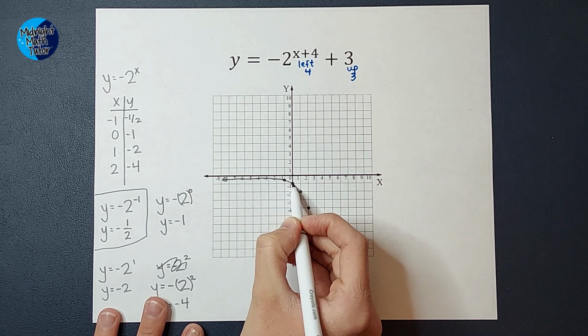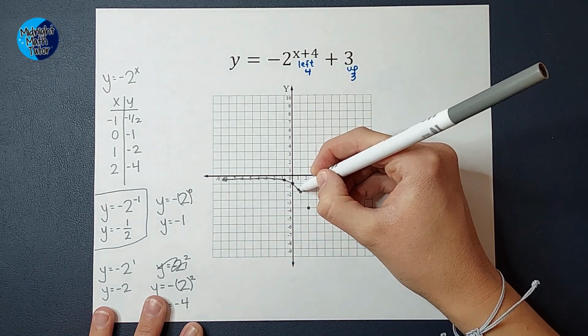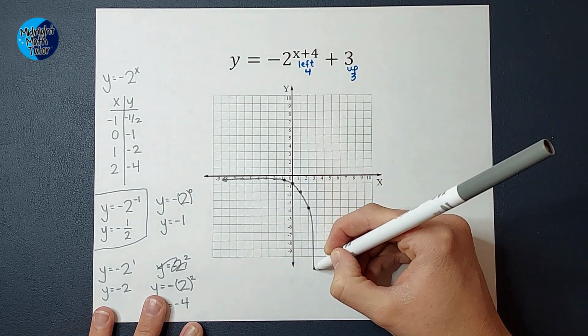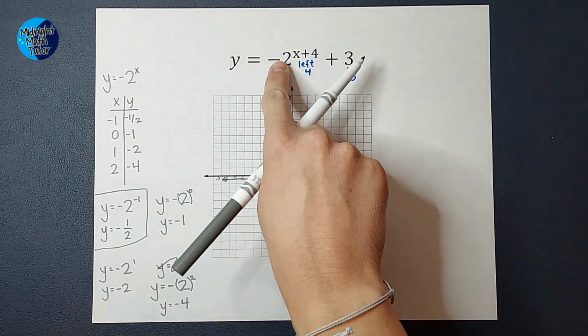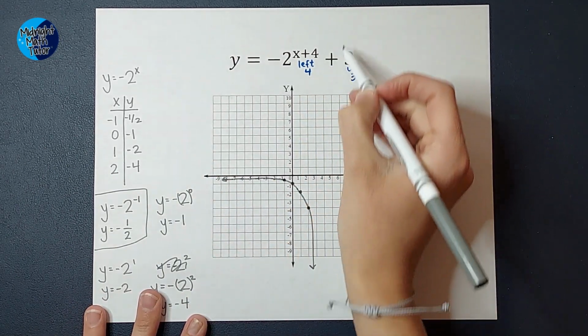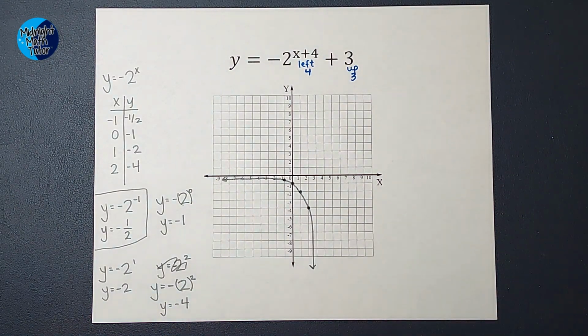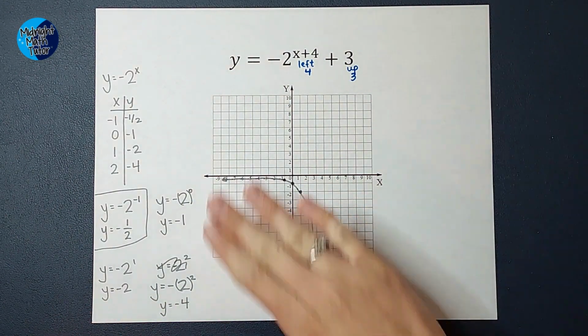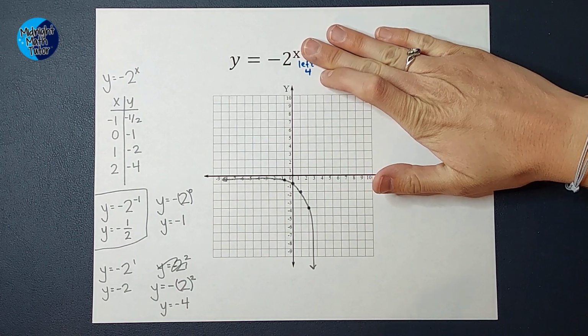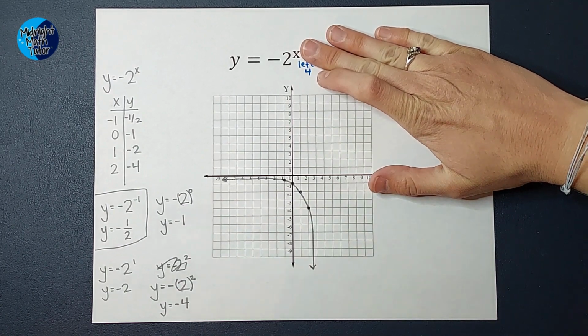And if you've been graphing these, you know that when we have a positive here, it goes up. Because this one is negative, it goes down. That is good news, okay? But remember, this is not my answer. This is the graph of -2 to the power of x.